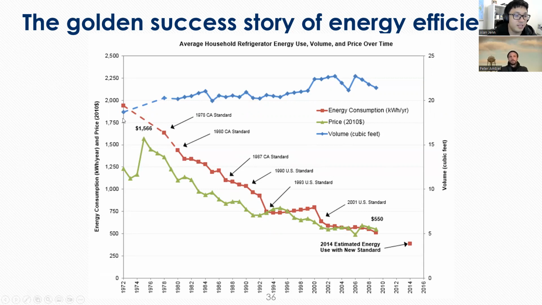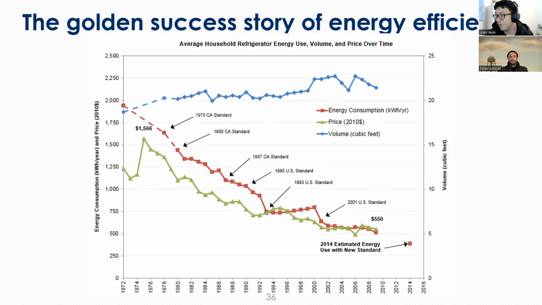You can actually see that this was one of the areas where you could get really good bang for the buck, right? For refrigerators, if you look at trends over time for this technology, in the blue line, you can see that it's getting a little bit bigger over time. Fridges get slightly bigger, but at the same time, the energy consumption was decreasing and it was getting cheaper.